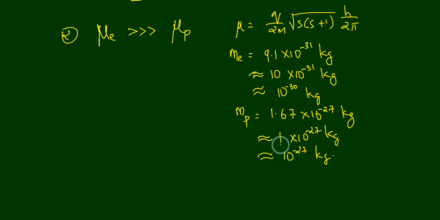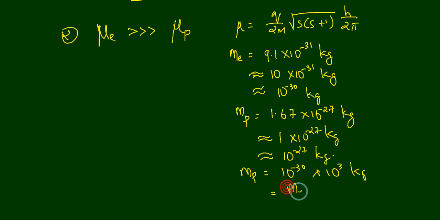So what about the mass of the proton? We can write it like the mass of the proton is equal to 10 raised to minus 30 into 10 raised to 3 kilogram, right? That is equal to 10 raised to minus 27. And 10 raised to minus 30 kilogram is nothing but the mass of the electron.